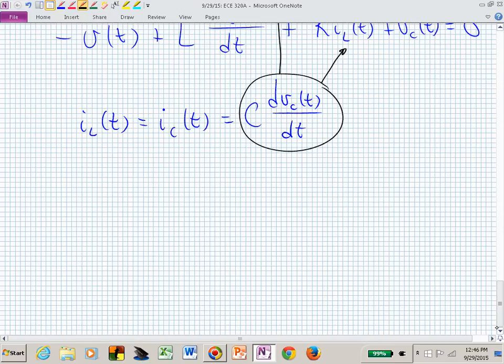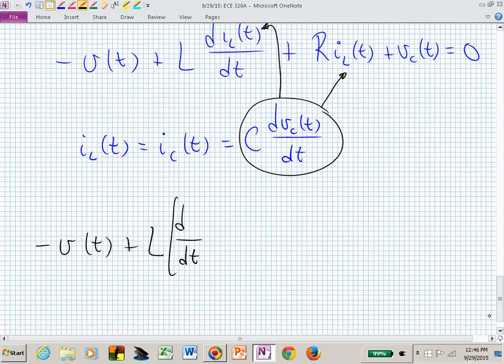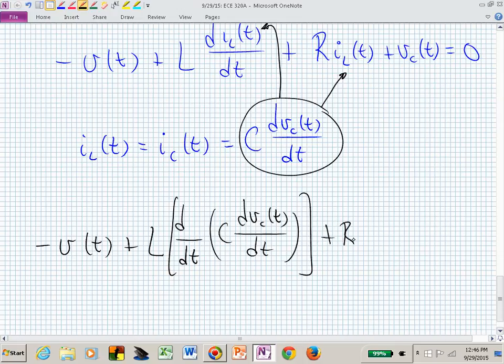We can now say that I have minus V of t plus L times the time rate of change of the inductor current, which is the same as the capacitor current, C dV sub C dt, plus R times the inductor current, which is also the capacitor current, C dV sub C dt, plus V sub C of t is equal to 0.